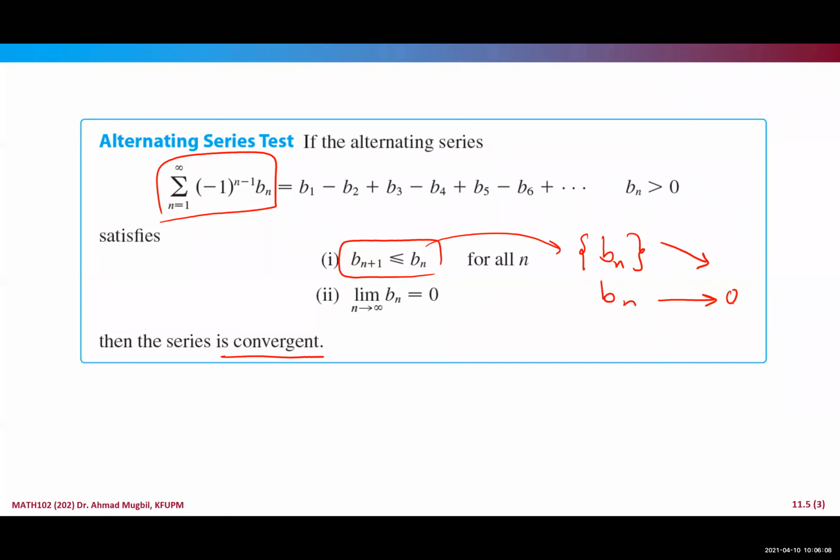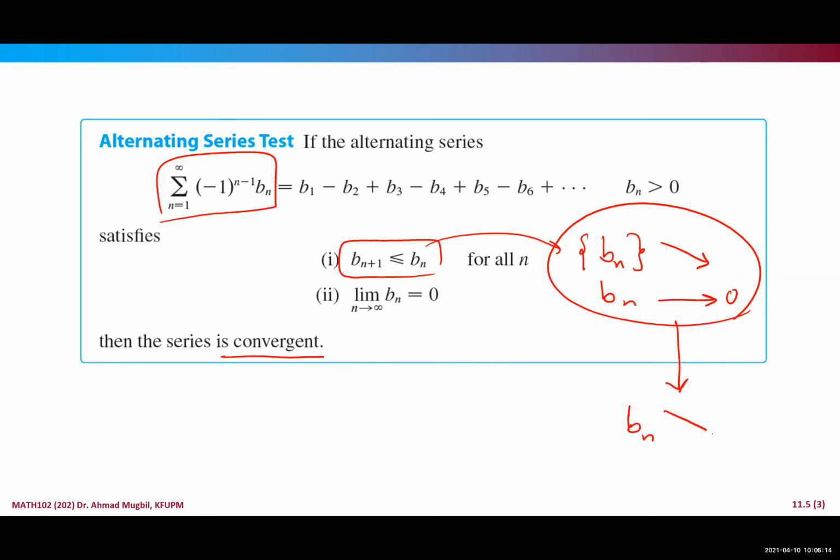So I'll combine these together and say just: Bn decreases to 0. When I say this, I don't mean that Bn just goes to 0. No, it decreases to 0, so it is decreasing and its limit is 0.